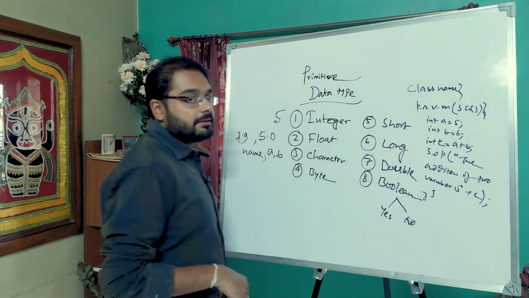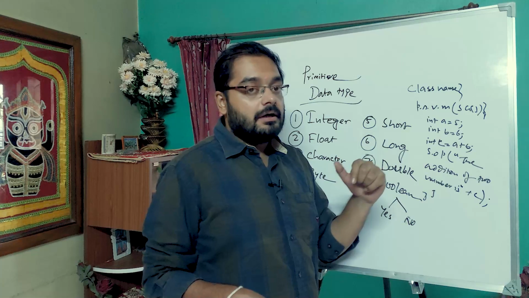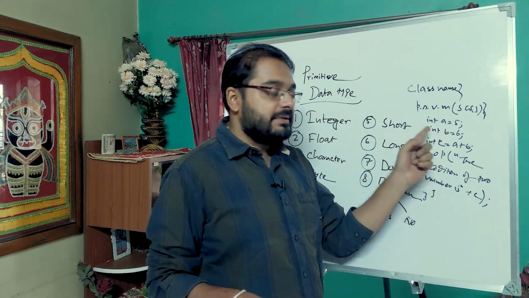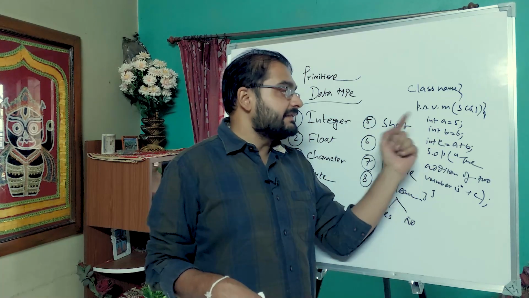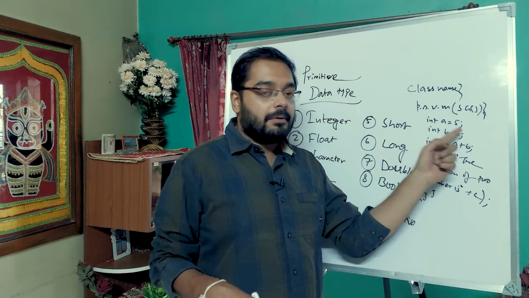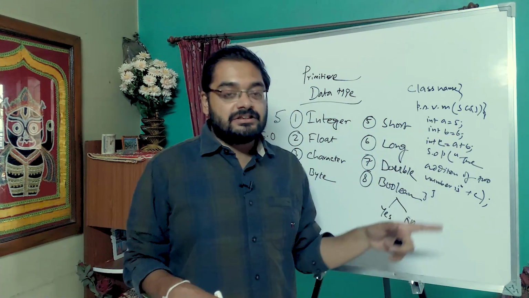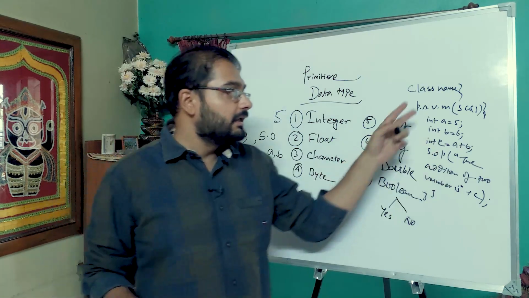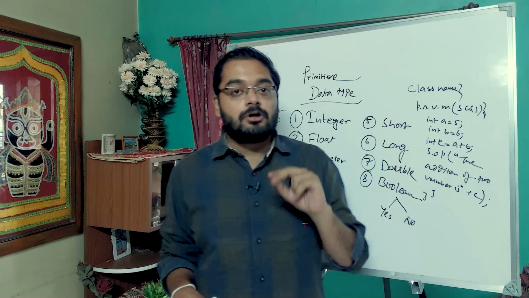This is a basic example using the primitive data type, with two different variables a and b declared using the data type int. Int means integer, and the values are 5 and 6. So c is equal to a plus b, just an addition program using two numbers, and we used the primitive data type. So this is the basic of primitive data types.